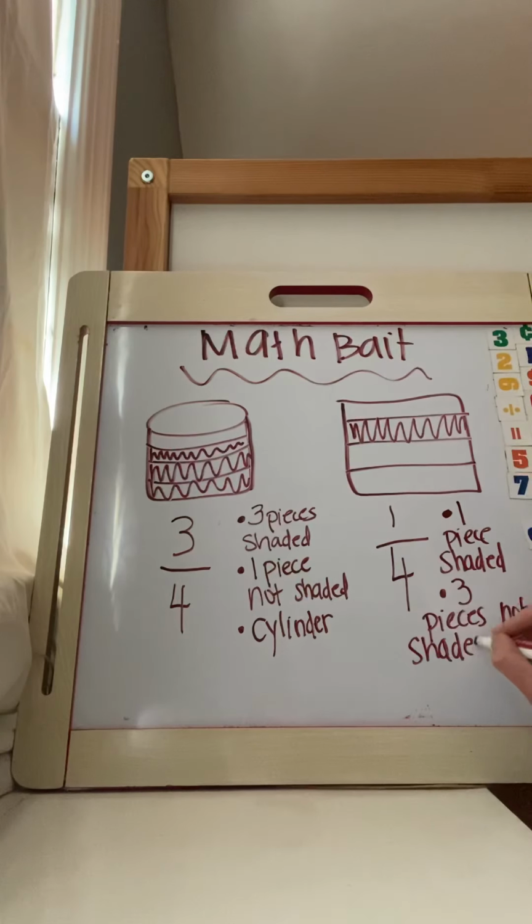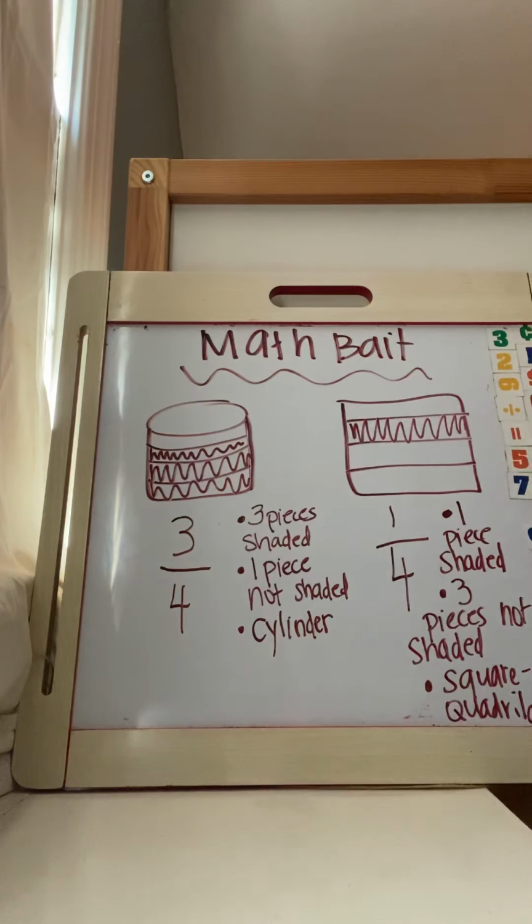And then this one is just a flat 2D square. Or you could have called it a quadrilateral because it has 4 sides, 4 corners. So that is a quadrilateral.